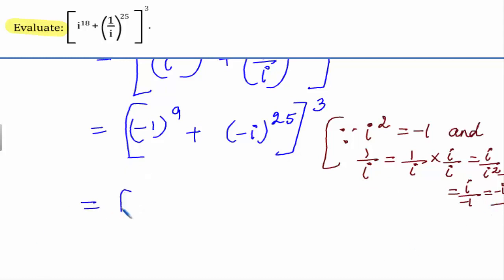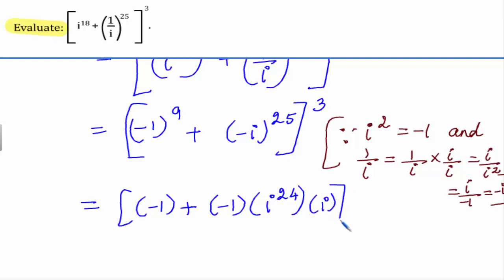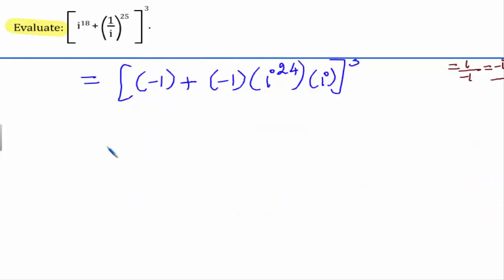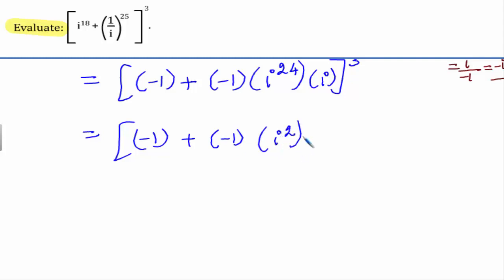This will be equal to minus 1 plus minus 1 multiplied by i raised to the power 25. We can write i raised to the power 25 as i raised to the power 24 multiplied by i, and we have whole cube. This will be equal to minus 1 plus minus 1 multiplied by (i square) whole raised to the power 12 multiplied by i, whole cube.